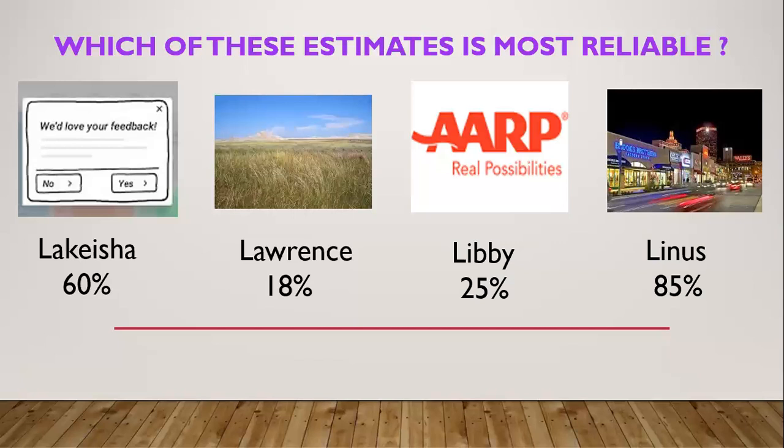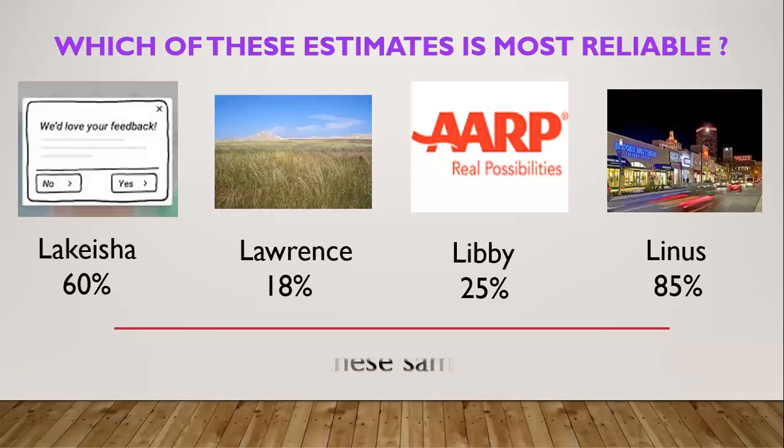Now, obviously, those four results can't all be accurate. We have four wildly varying results. Which of these is most trustworthy, and which one do we think is most likely to be a good estimate for the proportion of all of the retirees in the US who have been to a beach at least once per year?